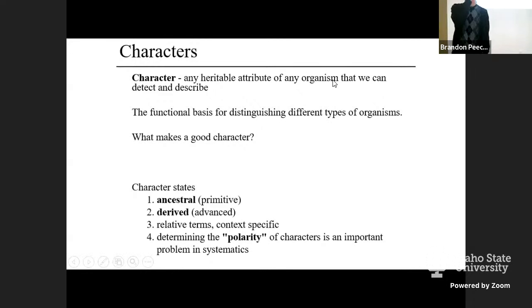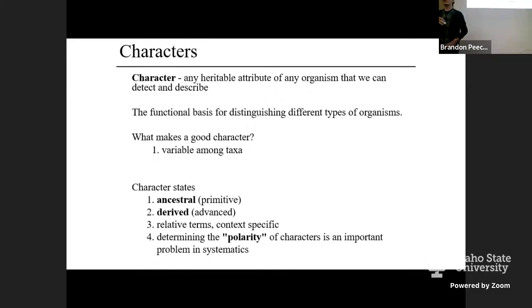What other things can make a good character? We said it needs to be observable, measurable, consistent across the population. I think this is a great one: variable among taxa.